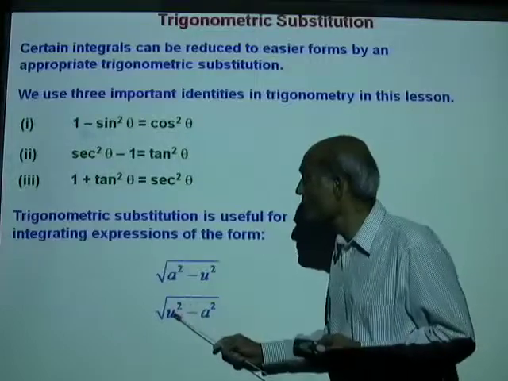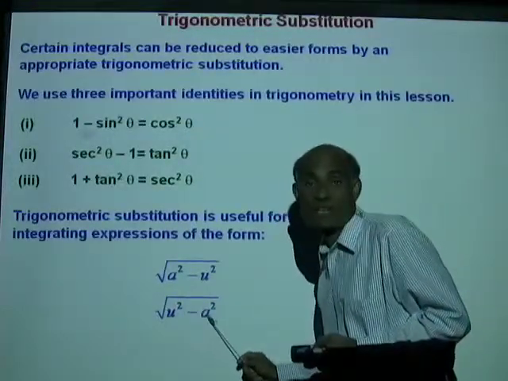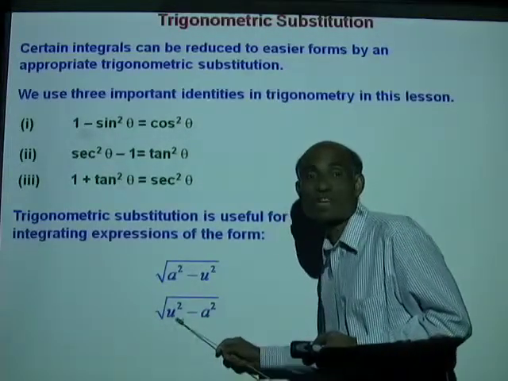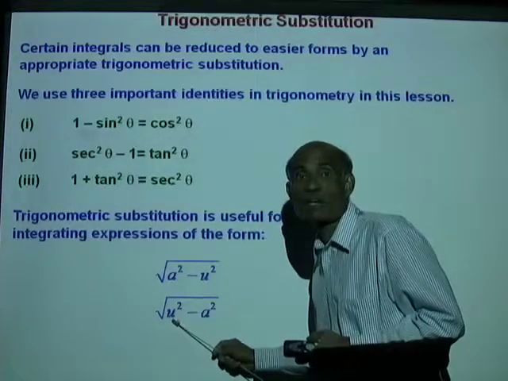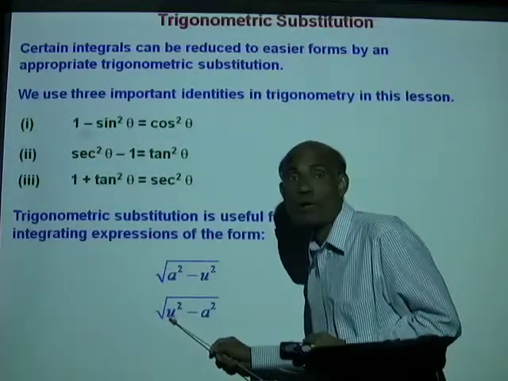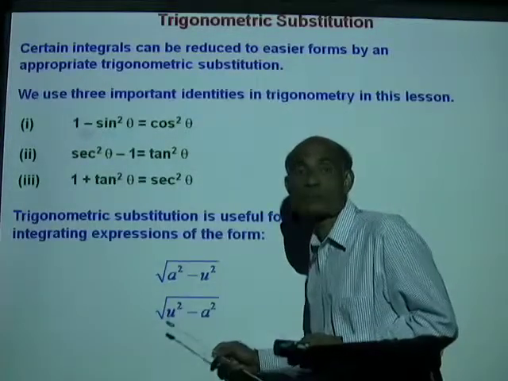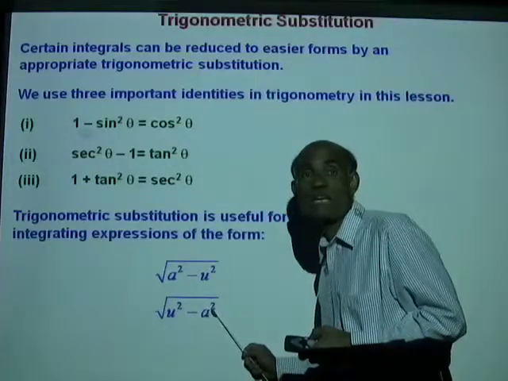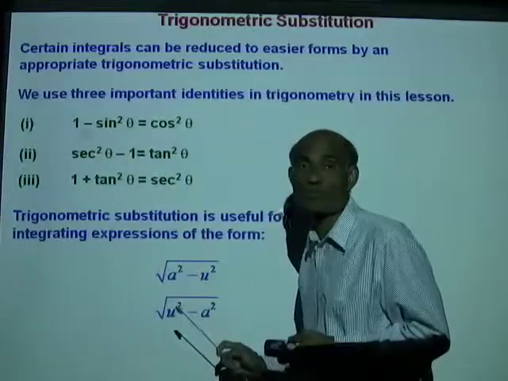If you call u equal to a secant theta, that a has to be taken into consideration. Then you have u squared equal to a squared secant squared theta. Is that right? And you can factor out that a squared and come up with something like this.